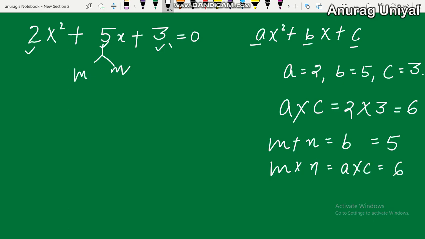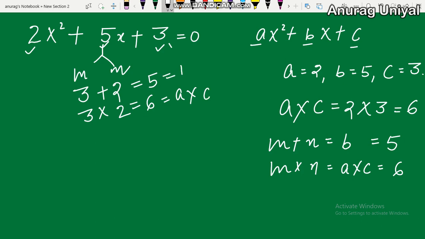So when we think of getting values for m and n, we find that when this 5 is broken into 3 and 2, you get 3 plus 2 equal to 5, and when you multiply 3 into 2, you get exactly a into c, that is 6.